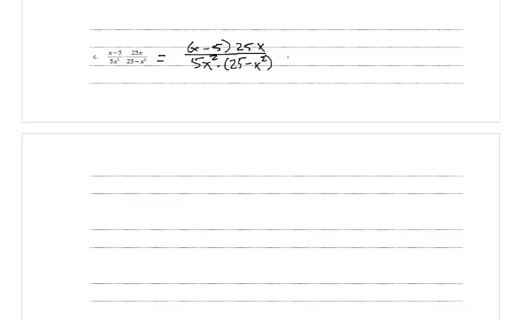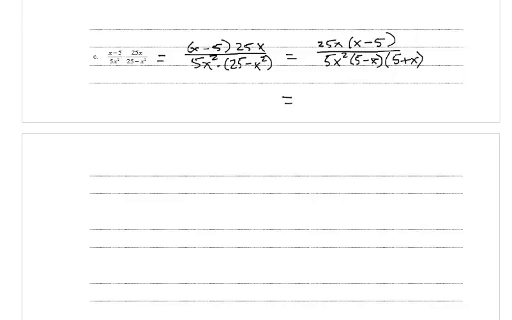Now I can rewrite this as 25x times x minus 5 in the numerator, and 5x squared in the denominator, times 5 minus x times 5 plus x.